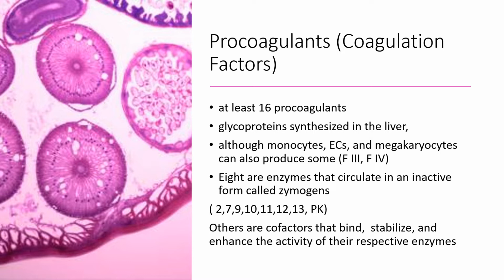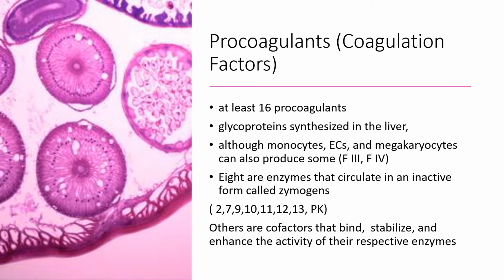For example, factor 3 and factor 4, but in limited amount. 8 of them are enzymes, and they exist in their inactive form called zymogens. So I have enumerated here the enzyme forms of coagulation factors. They are factors 2, 7, 9, 10, 11, 12, 13, and PK or prekallikrein.